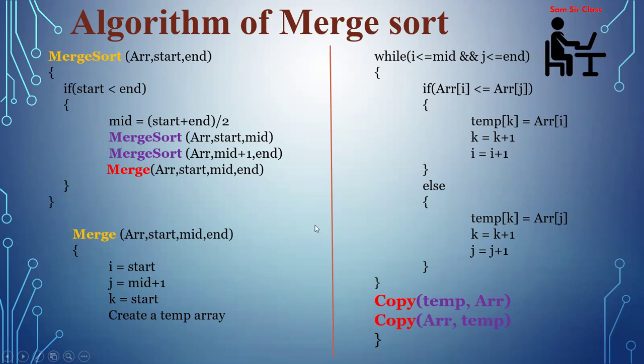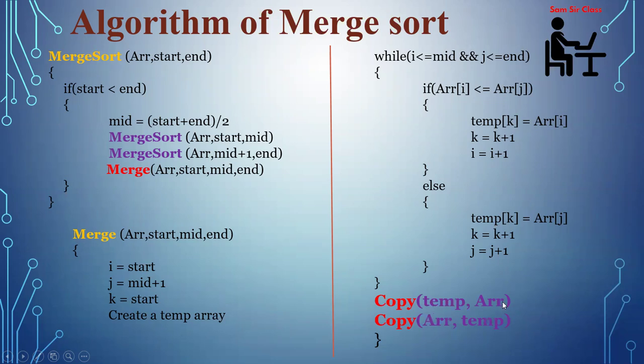And while merging, you have taken some simple variables, like i, j, k, normally one temporary array we have created, and then we have taken the logic, you have compared the values. Anyone which is lesser will be copied.